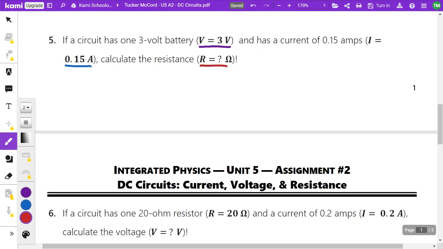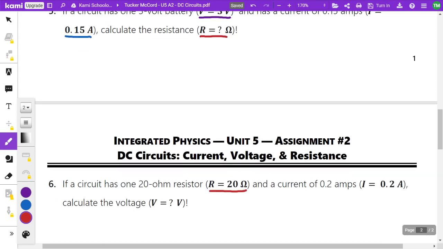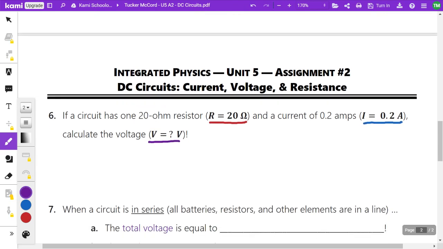Number 6, we're using 20 ohms of resistance, and we have a current of 0.2 amps. So we want to figure out what the voltage is driving the electrons in that circuit. If you can find an equation that's V equals, plug those numbers in, and then the calculator does the rest of the work for you.